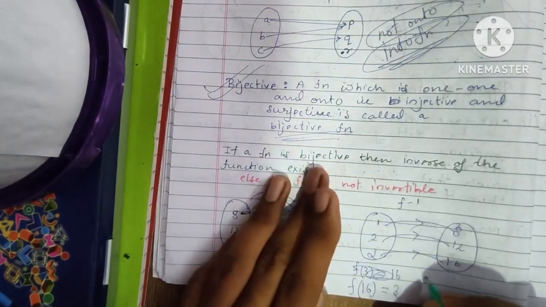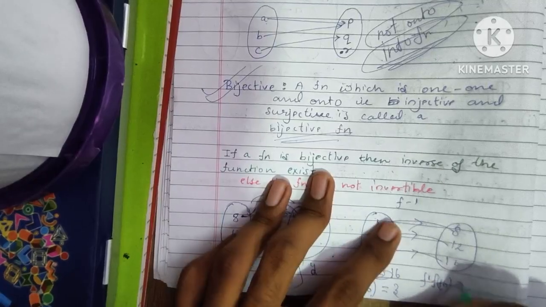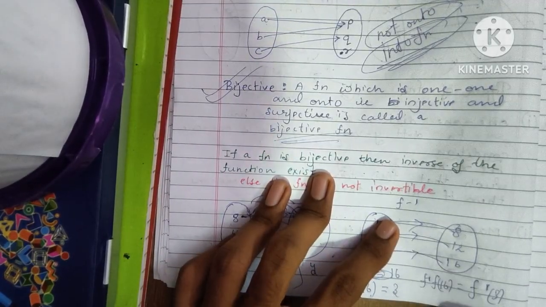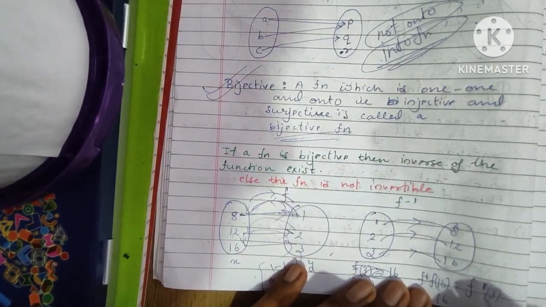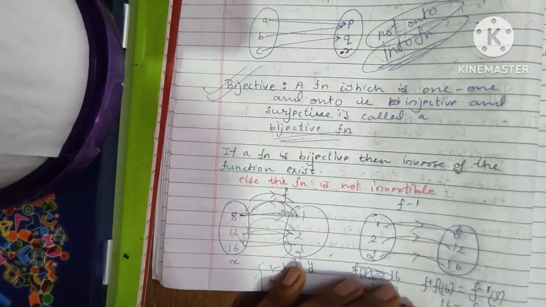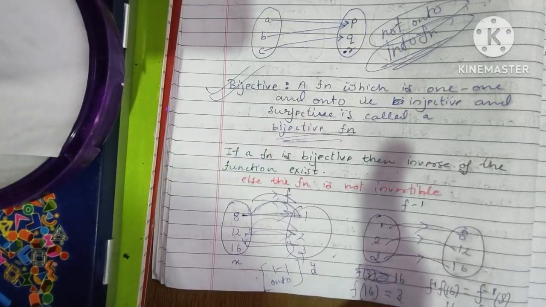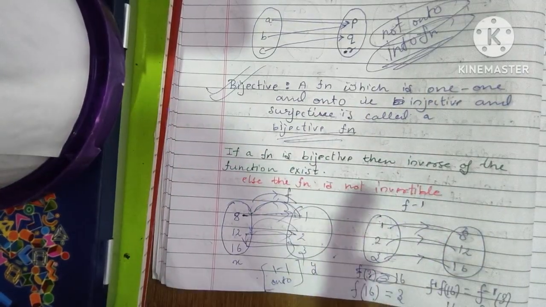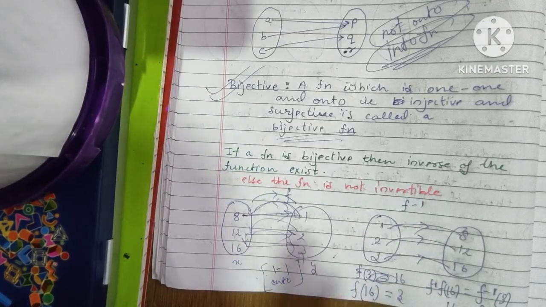So f inverse of f of 16 is equal to f inverse of 3. So f inverse of f of 16 is nothing but 16. f inverse of 3 is equal to 16. Inverse of the function means that you invert, just the reverse will happen. The range will become the domain. That is why it should satisfy the bijection condition.